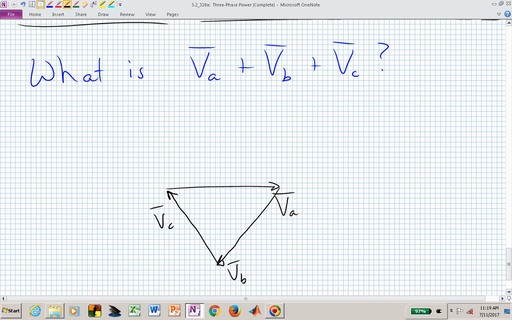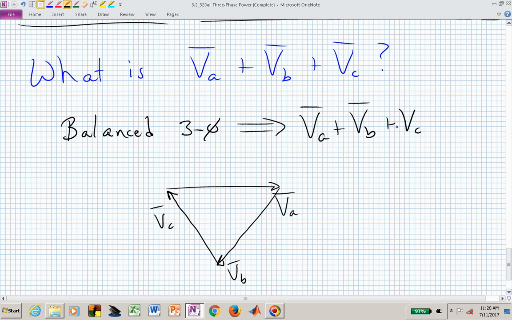I hope that now you can see that if we have a balanced three-phase system, which means the lengths are all the same, it's just the angles are different, then the sum of these three phasors, the A phase, the B phase, and the C phase, sums to 0, because I start here and I go A, B, and C, and I get back to where I started.